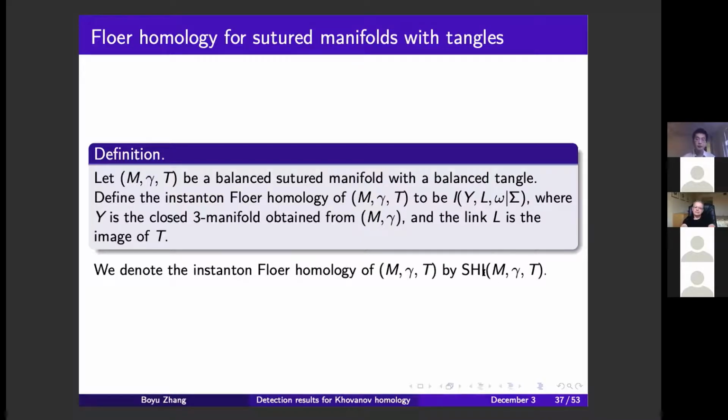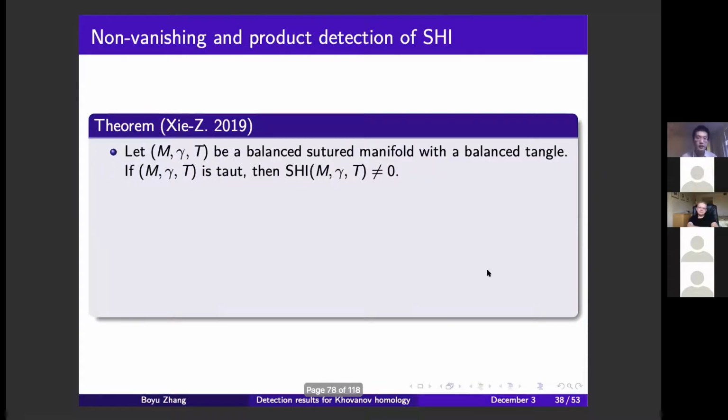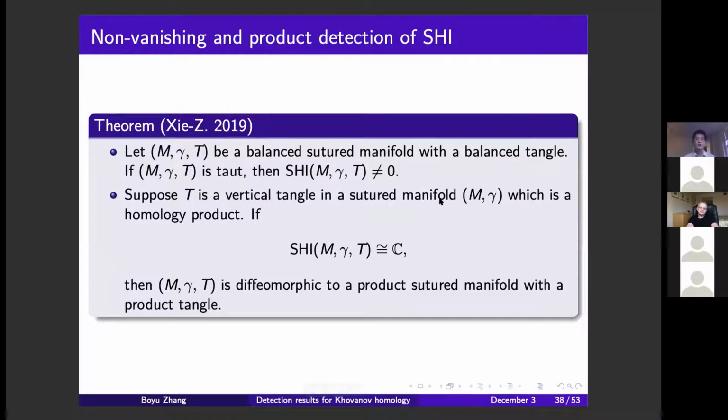So similar to the other versions of Floer homology and also sutured Floer homology, the sutured Floer invariant of tangles that we defined satisfies the following two conditions. First of all, if the triple is taut, then its sutured instanton Floer homology must be non-vanishing.